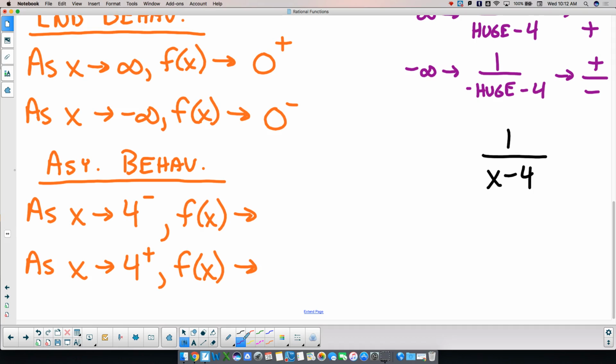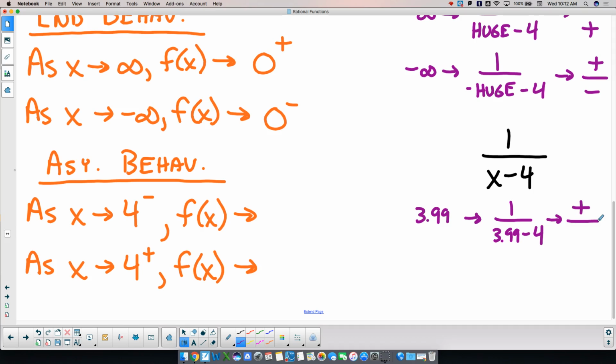So I'm going to go something like 3.99. If I put 3.99 into my function, I get 1 over 3.99 minus 4. 1 is positive, correct? 3.99 minus 4, is that positive or negative?